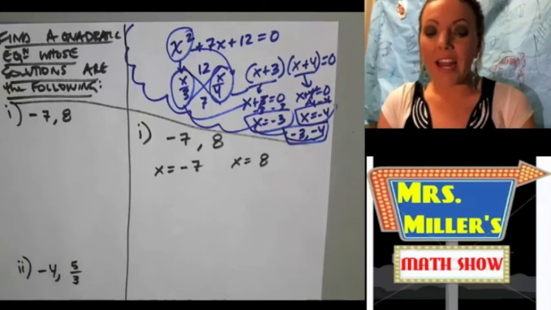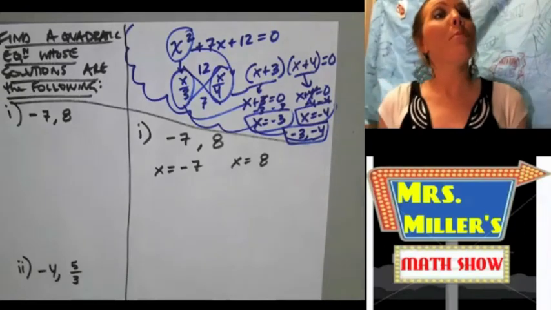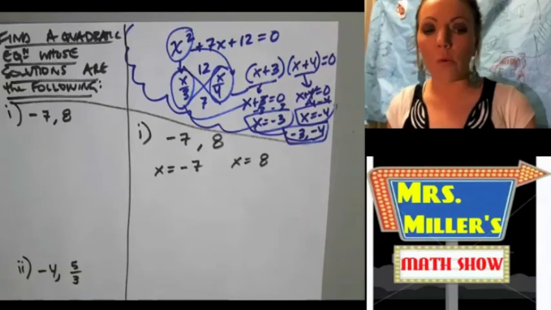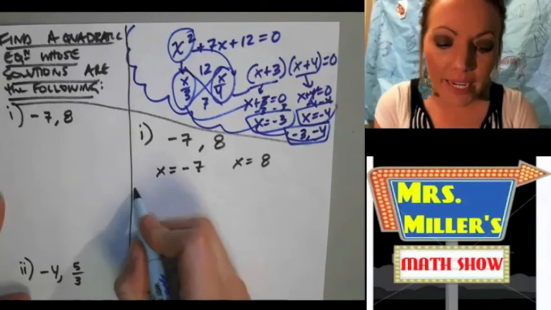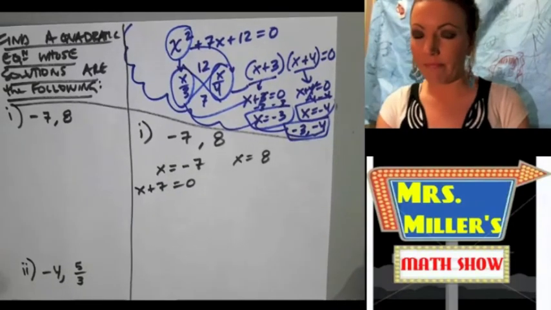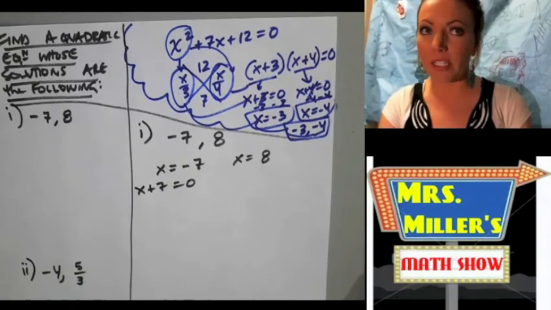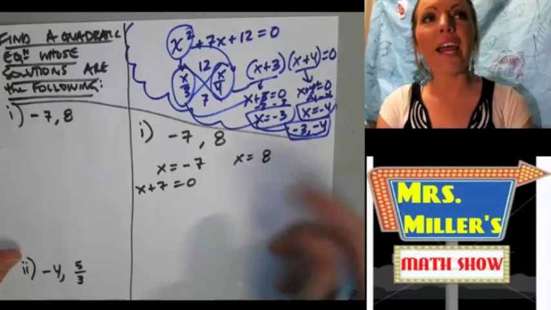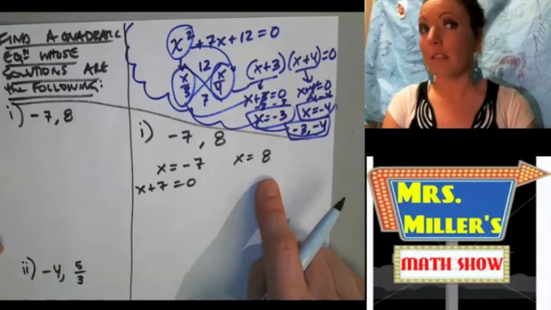Now, clap if you agree that the only way that we can end up with x equals -7 is if we have x plus 7 equals 0. Okay, good. That's only a few of us, but at least a few of us are paying attention. How could I end up with +8? Vanessa.